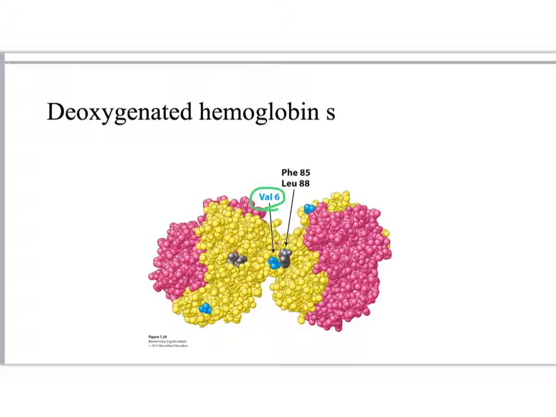When we have this mutation, we refer to this as hemoglobin S, rather than the normal chain, which we would call hemoglobin B. This mutation decreases the solubility of deoxyhemoglobin, so because of the decreased solubility, we end up with aggregates forming.